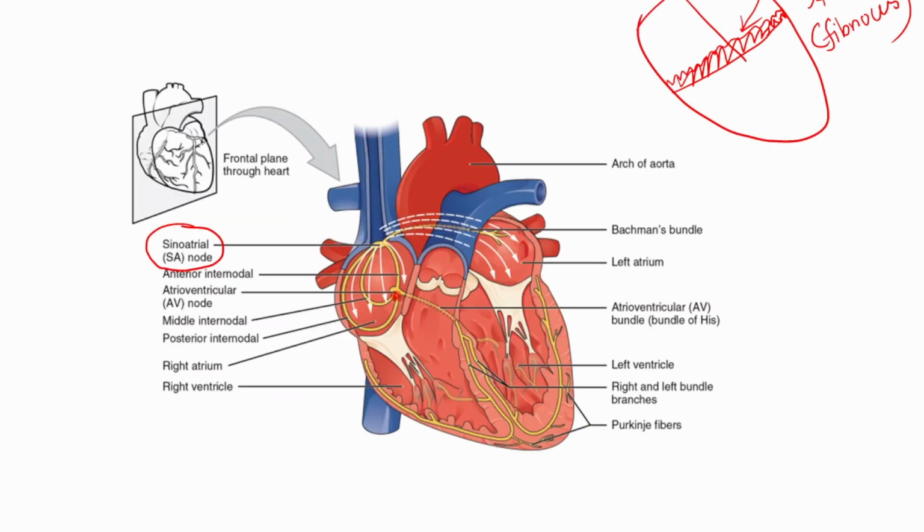The atrioventricular junction starts from the atrioventricular node, this place, and it extends if we follow the yellow line up until here. So this is the AV junction, and the first part of the junction is the AV node, and our point of interest right now is this AV node or atrioventricular node.